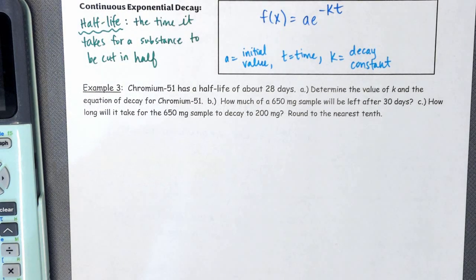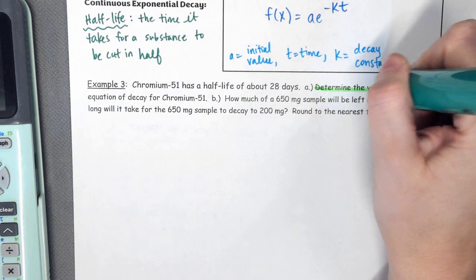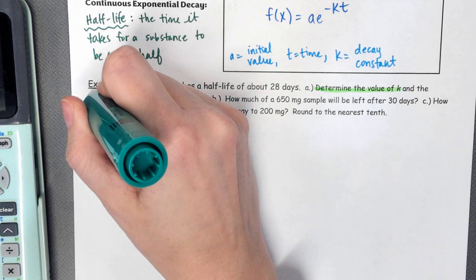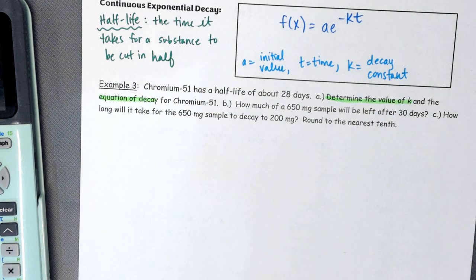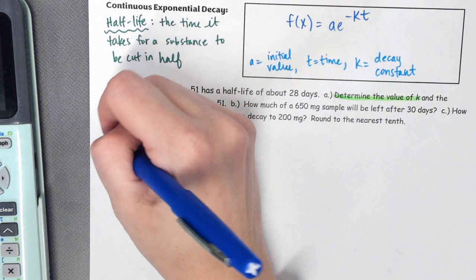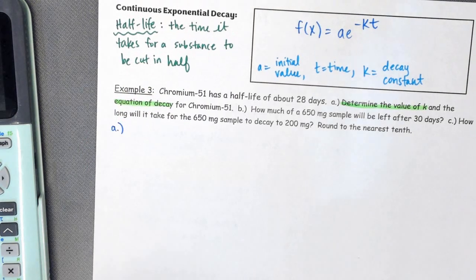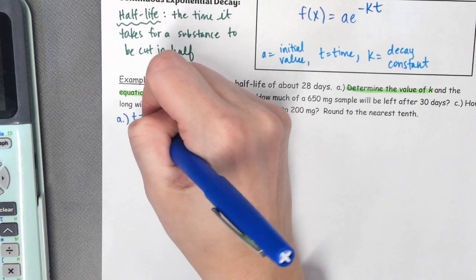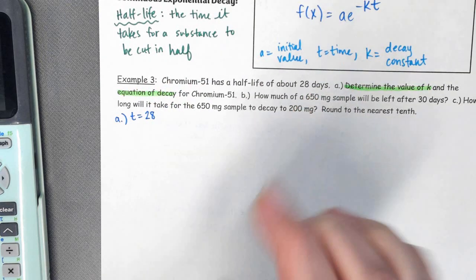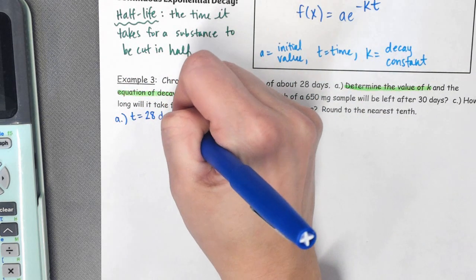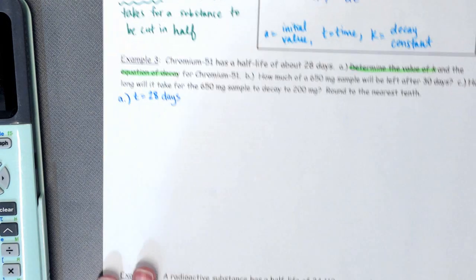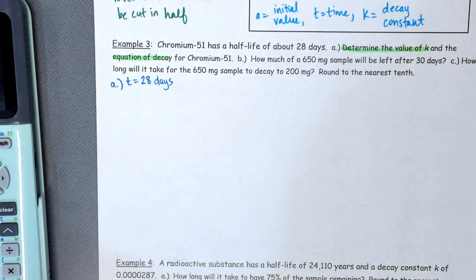Okay? So this is to determine the value of K and the equation for this element, the chromium-51. Alright, so when you're trying to find your value of K, you are going to use the time they give you, the half-life, and then sometimes they will not give you an initial value, okay?